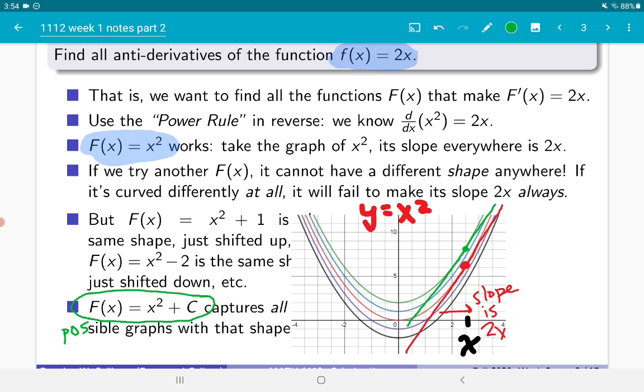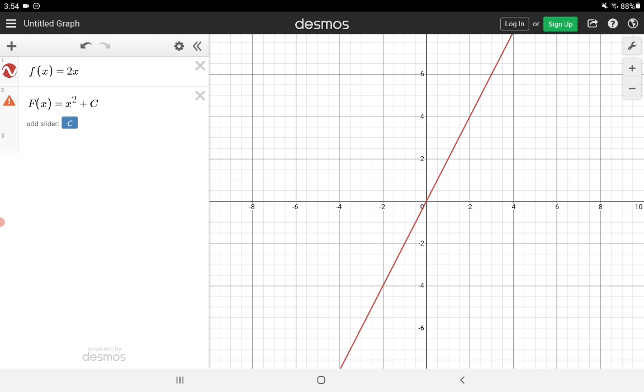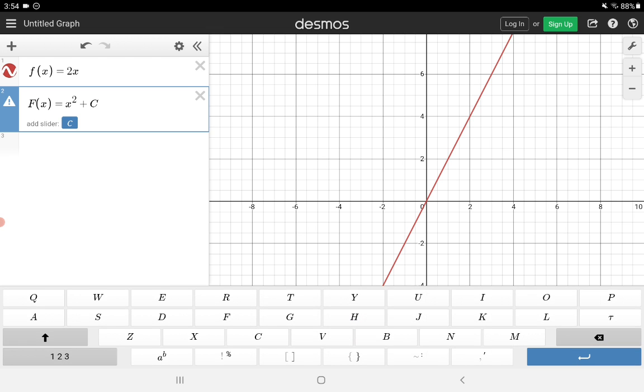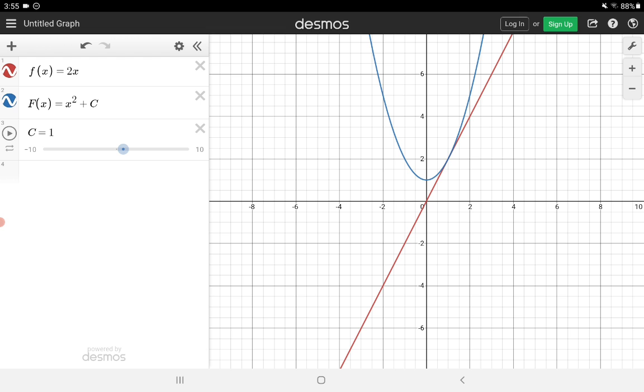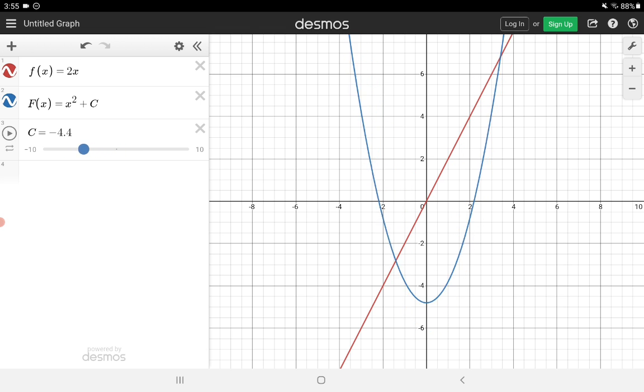And here's a way to visualize that using Desmos. What I have graphed here is the function 2x. You can see that in line 1. And what I've started to type in line 2 is x squared plus c, and I can type that capital C there. And you'll see that it says I have too many variables, try defining c, or right underneath it says add slider. And if you tap that button, it creates a slider that I can move back and forth and adjust that value of c.